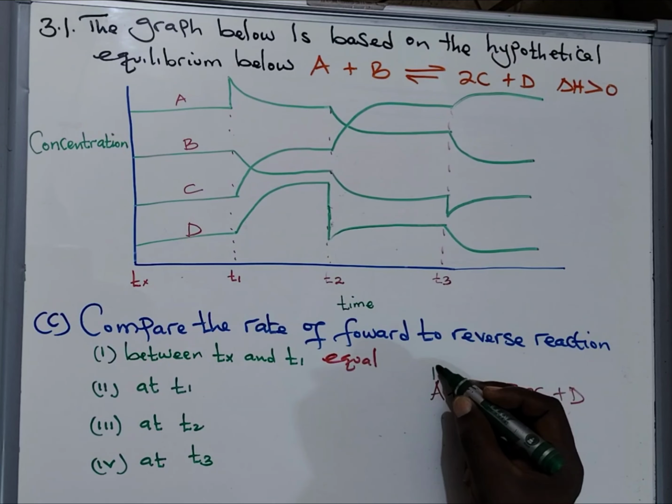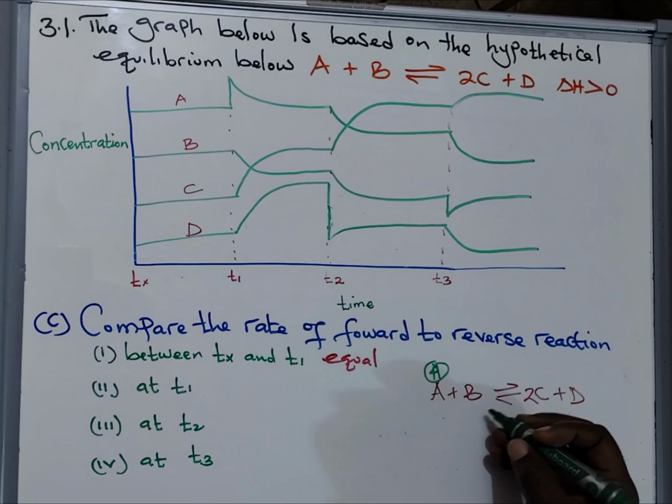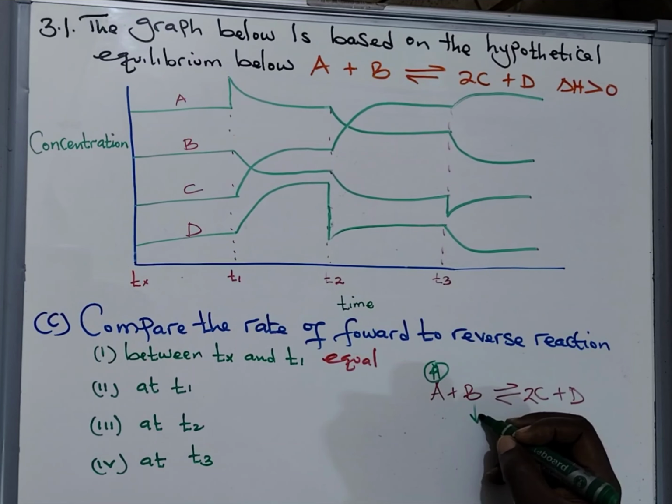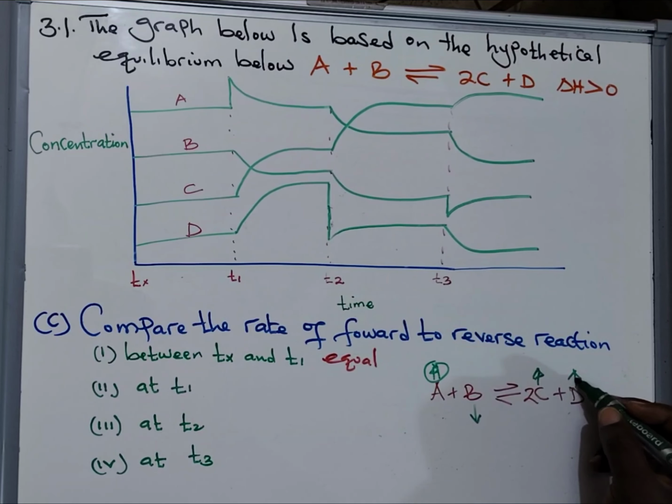A is increasing. Okay. And when you increase A, you are disturbing the equilibrium. And according to Le Chatelier, that is not wanted. So how does the system react? By reacting excess A with B to give you C and D.